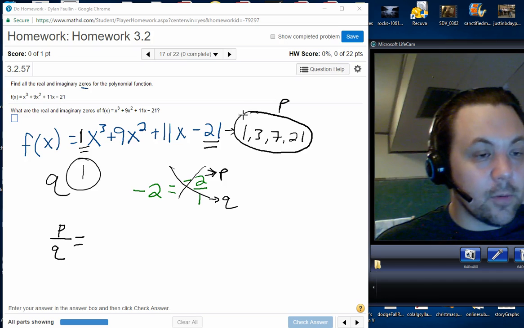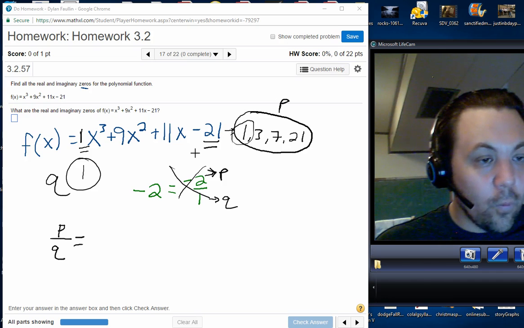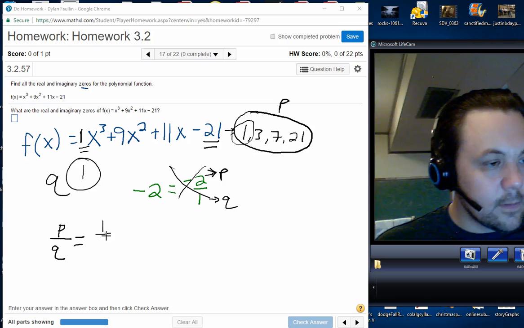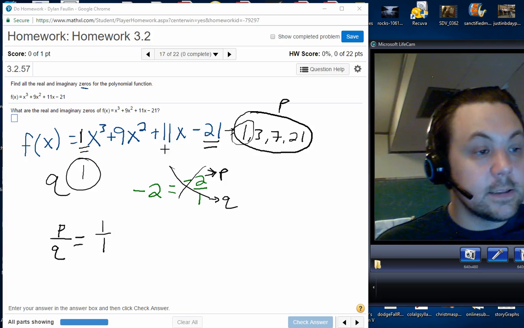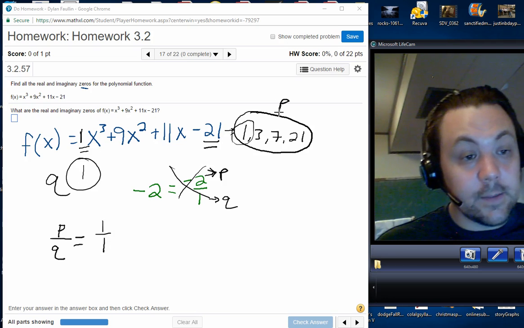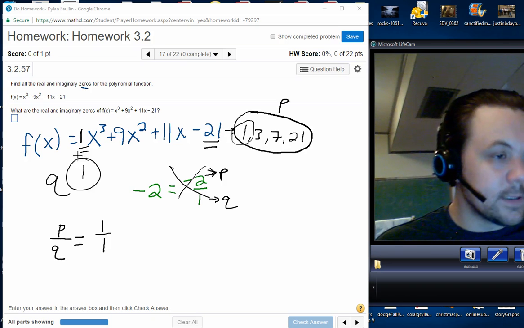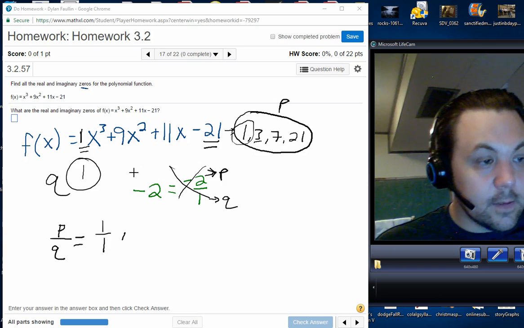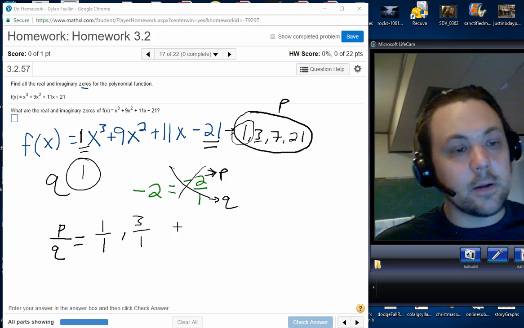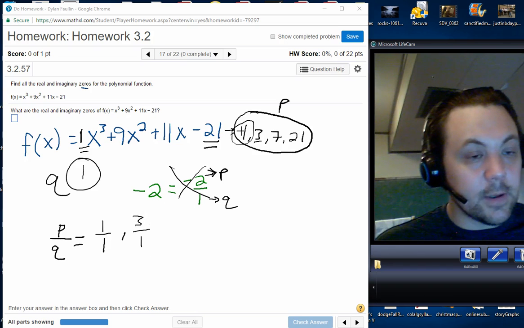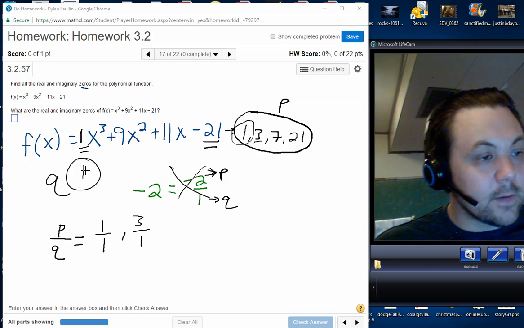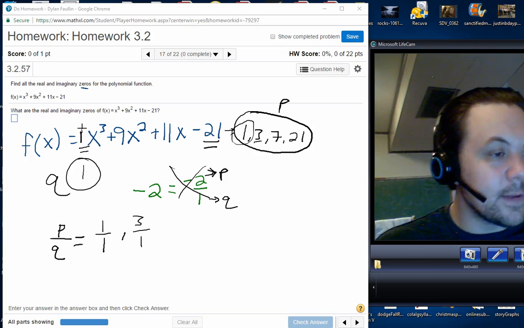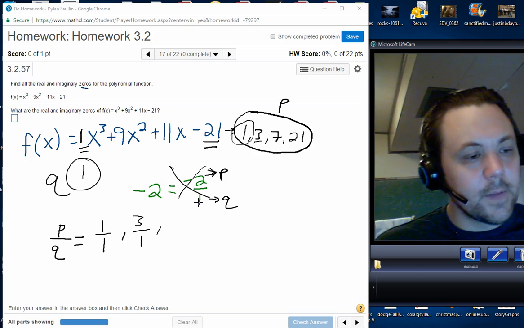And so, for example, starting with this one here, 1 divided by 1 could be a 0 of this polynomial, because 1 is a factor of the constant, and 1 is also a factor of the leading coefficient. 3 divided by 1 could be a 0 of this polynomial. So again, that puts another factor of the constant as my numerator, and a factor of the leading coefficient as my denominator.